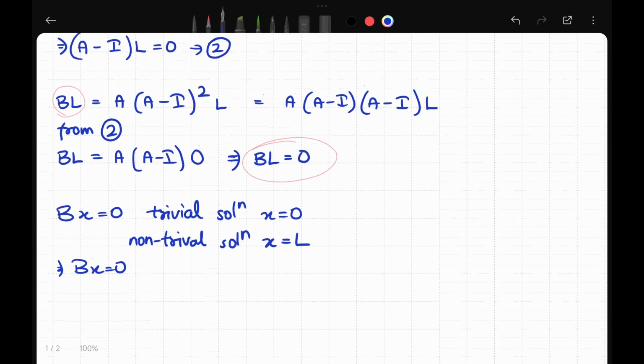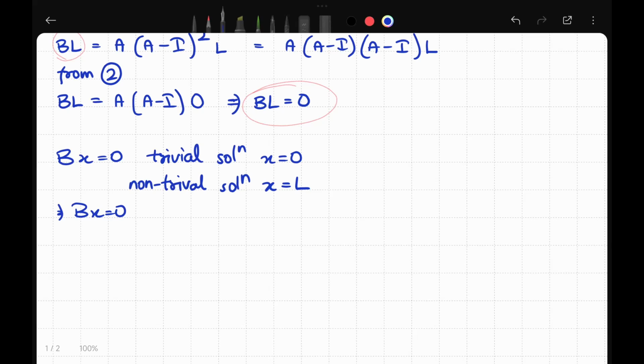Why? Because if you consider any scalar multiple of L, some lambda L, this lambda L will also satisfy this equation, basically. So you can try that as an example.